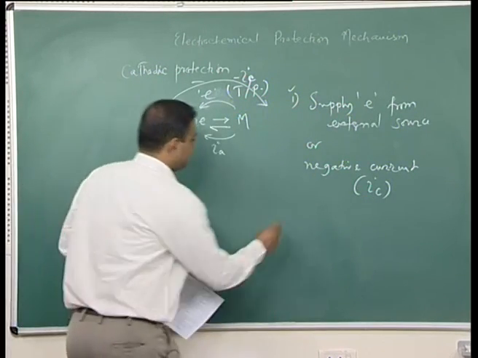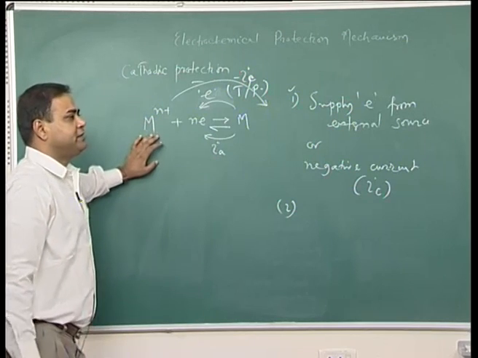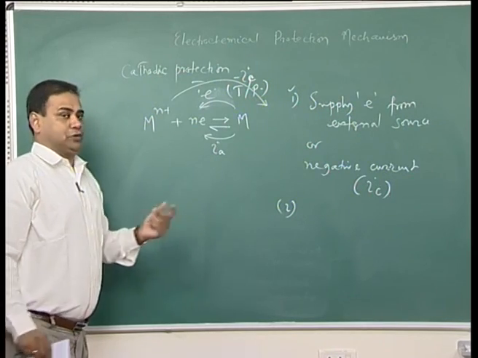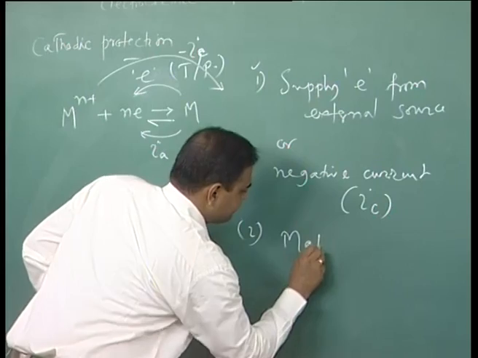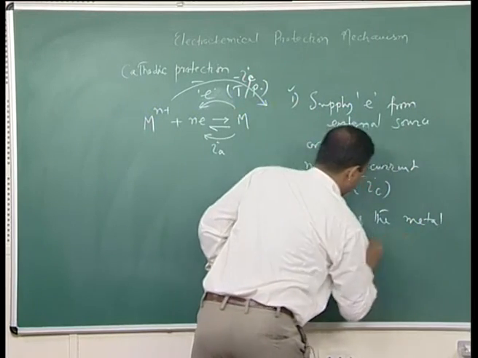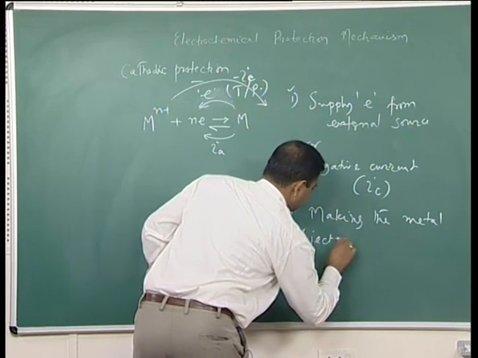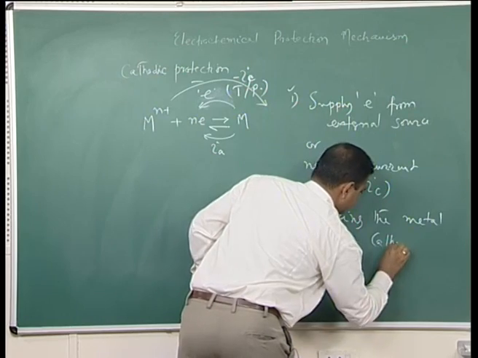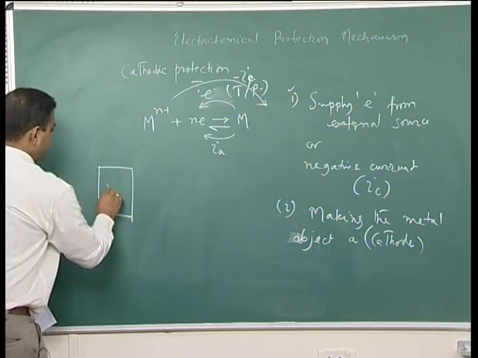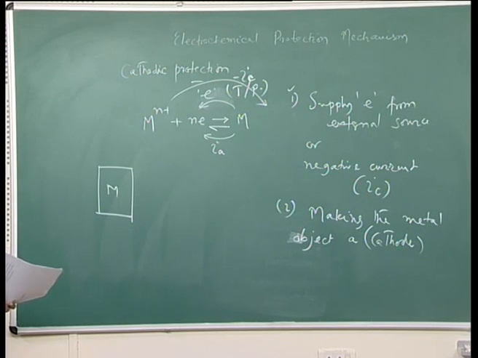Now, another thing is, if you see the protection principle, we are actually trying to make the metal object which is to be protected a cathode. So, how can we make it a cathode?